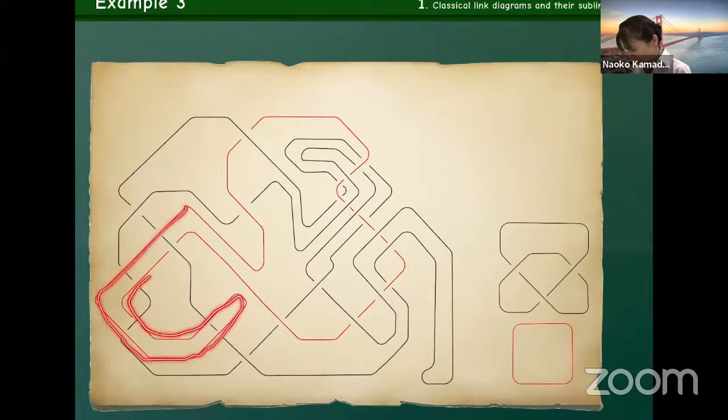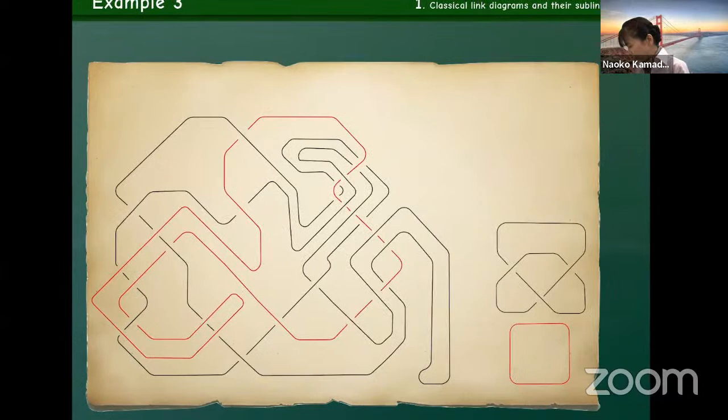That one shows that there is no classical self-crossing. Then it is isotopic to a trivial loop in R2. The black one is also isotopic in R2 to this diagram. That is an example of Jin and Lee's theorem.